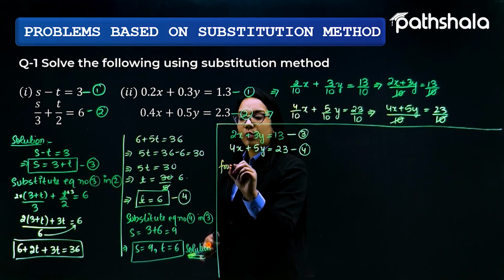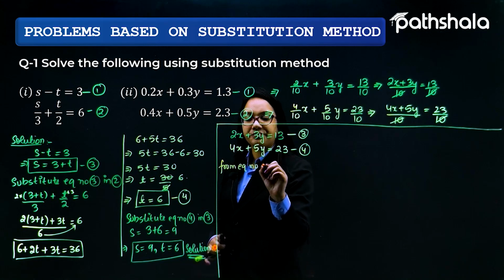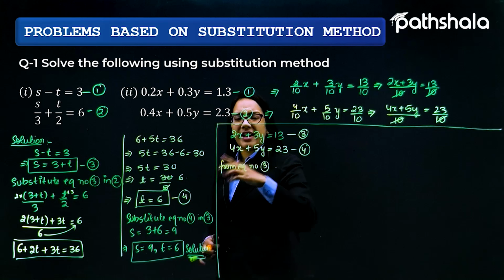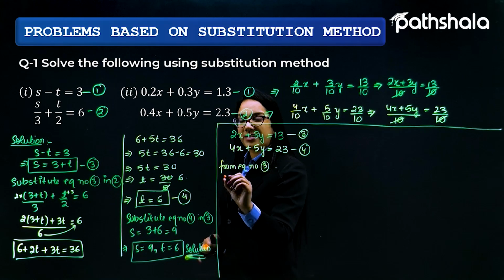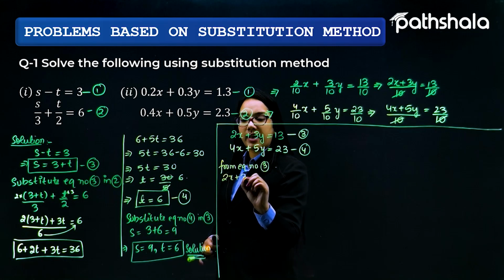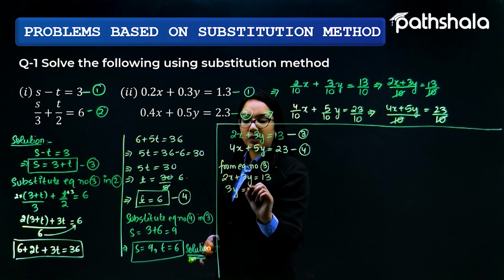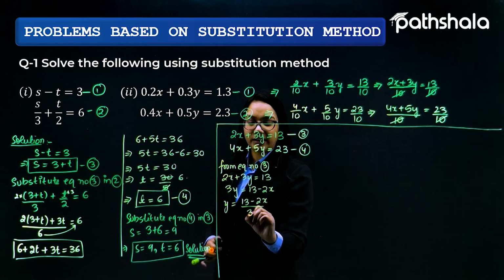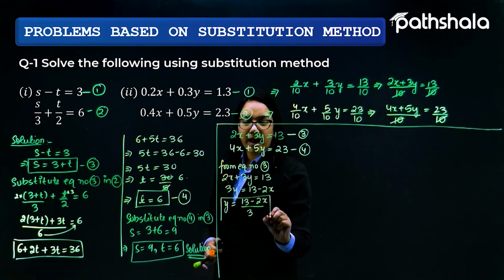From equation number 3rd, we can express y in terms of x. So 2x plus 3y is equal to 13, therefore 3y is equal to 13 minus 2x, and further y can be expressed as 13 minus 2x divided by 3.